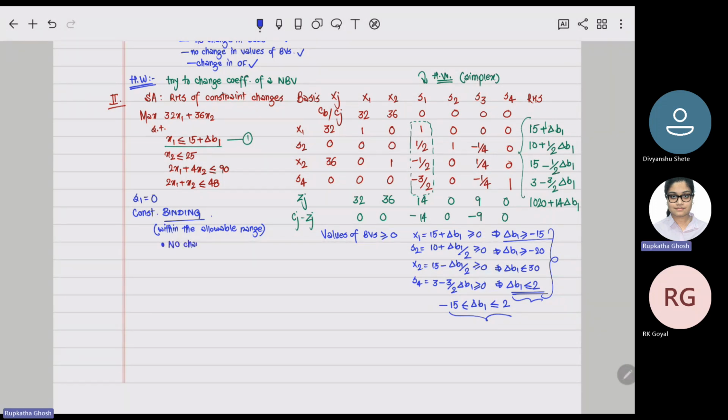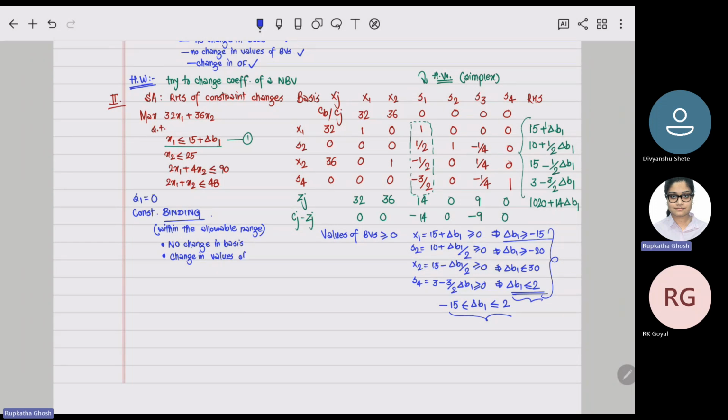But if it is within range, then there is no change in basis, but there is a change in values of basic variables. Because if you see, let's say your delta B1 is 2, x1 will become 17, s2 will become 10 plus 1, 11, like that.